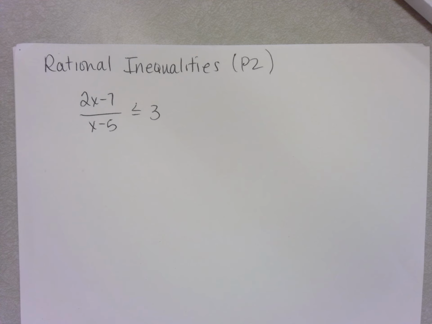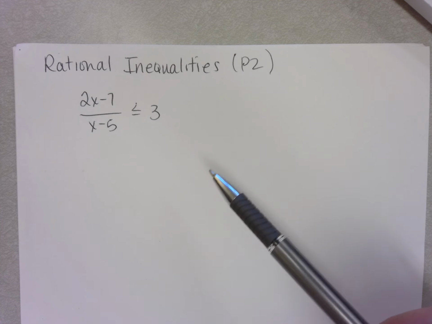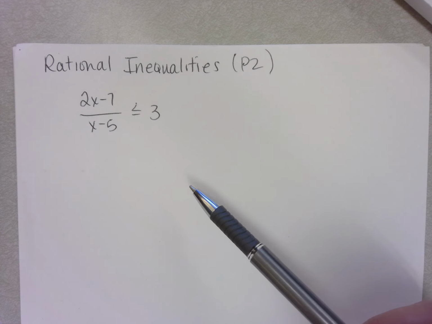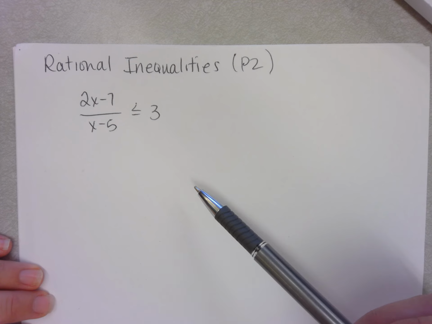Now, I don't want to do that with a rational inequality, because anything that would make the denominator 0 here could possibly cause my graph to change signs. So what I want to do is very much like a quadratic inequality.